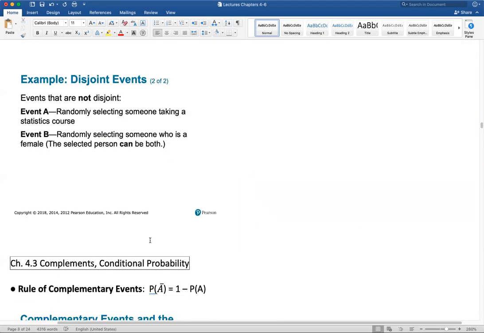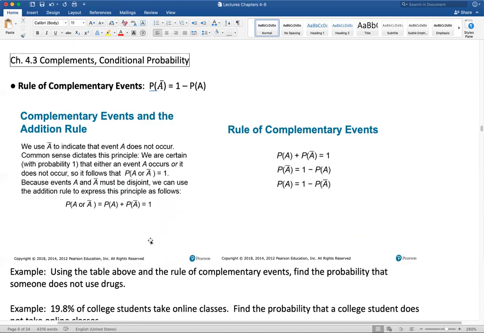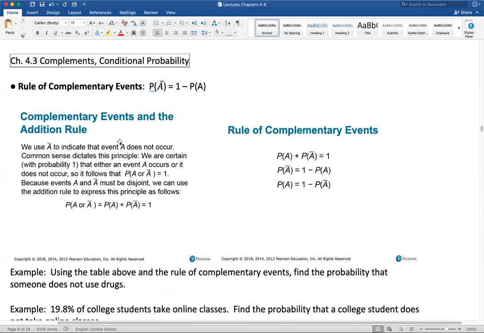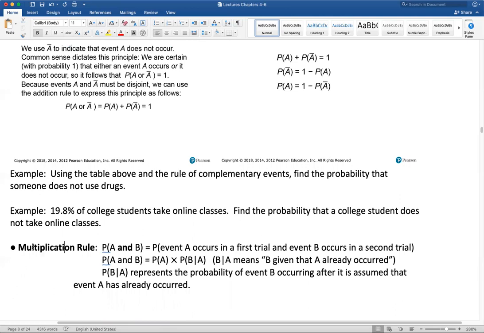And then the multiplication rule. I think the complementary rule should be in chapter 4.3, but the multiplication rule belongs to chapter 4.2. So let me cover this.